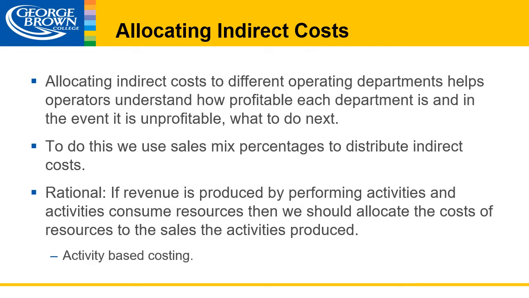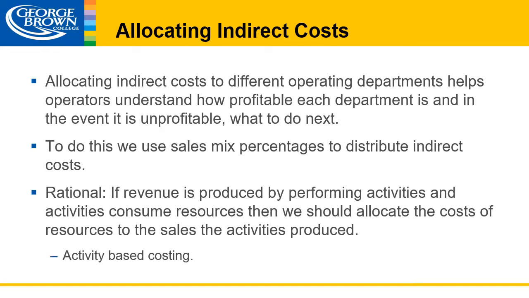Another important component to cost management is being able to allocate indirect costs to various operating departments. We need to do this, and these are primarily fixed costs. But doing this helps us understand how profitable each department is, and in the event that one is not profitable, what to do next.